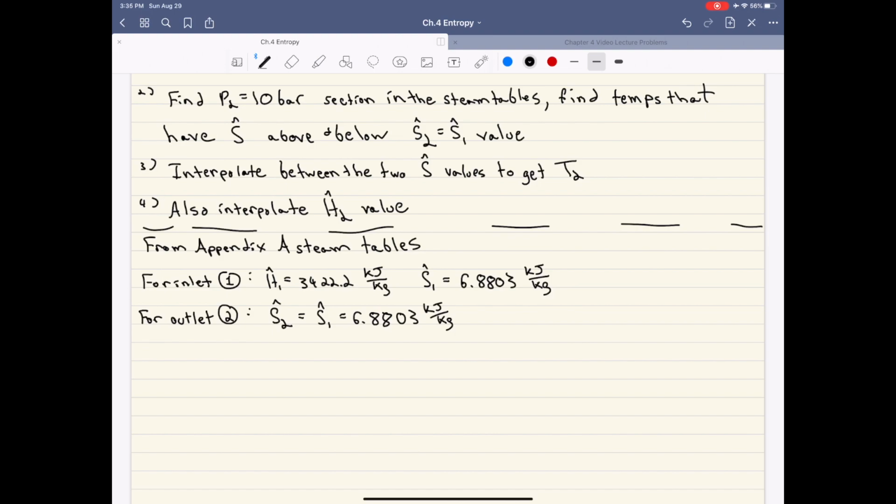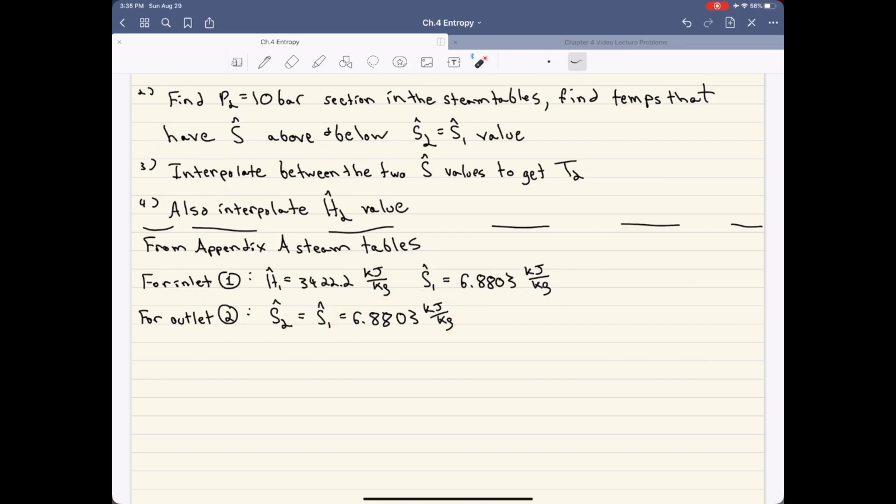Alright, so now that we know the entropy value for S2, and we know what its pressure is, which is 10 bar or 1 megapascal, what we should do is we should go to the 1 megapascal section of the superheated steam table, and we should look up entropy values that are above and below the value of 6.8803 that we have.